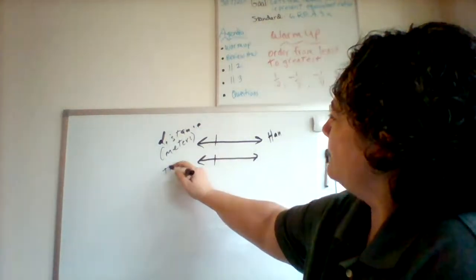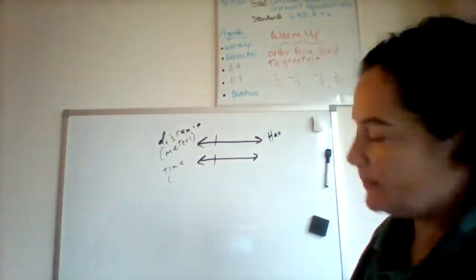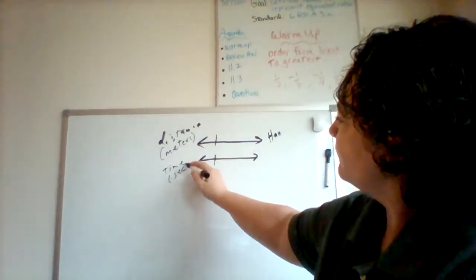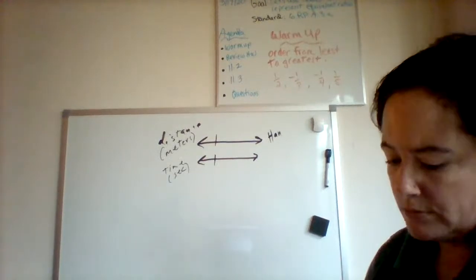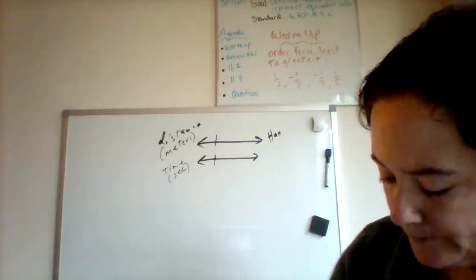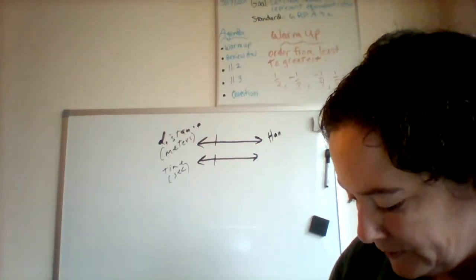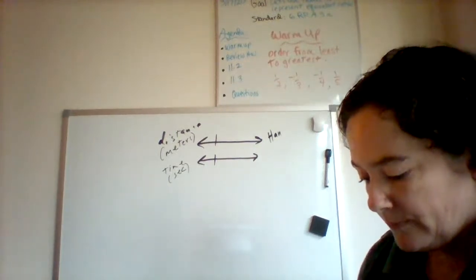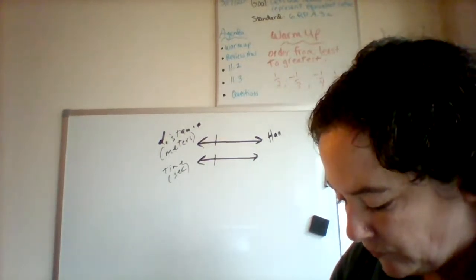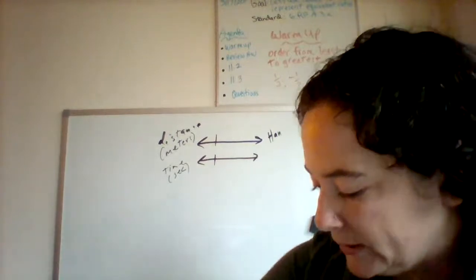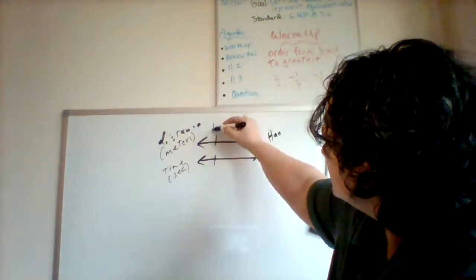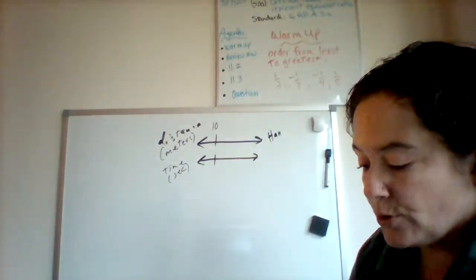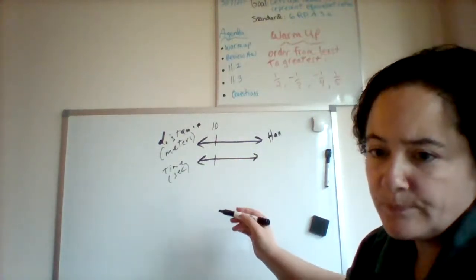And this is his time, and time is in seconds. And what they gave us is that in 10 meters, it took him 2.7 seconds.